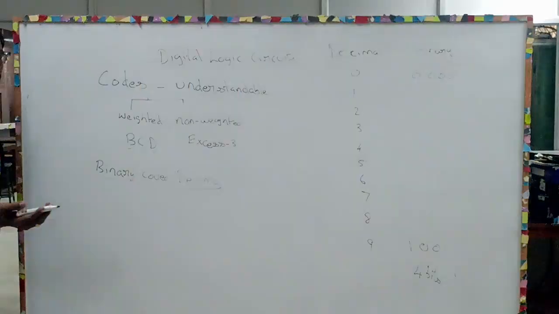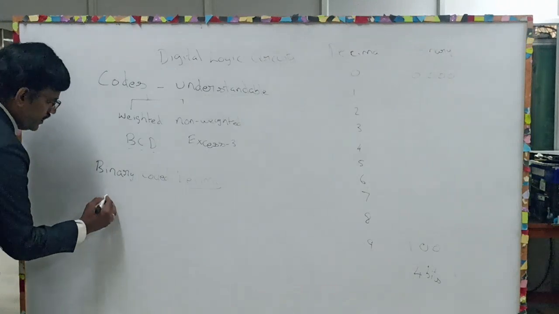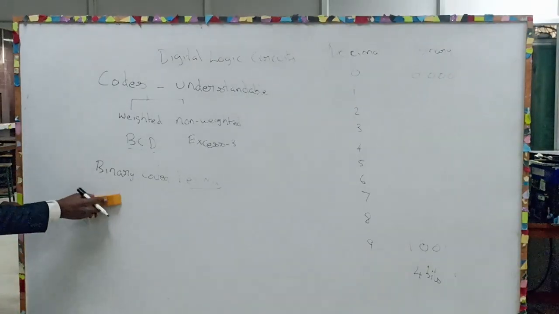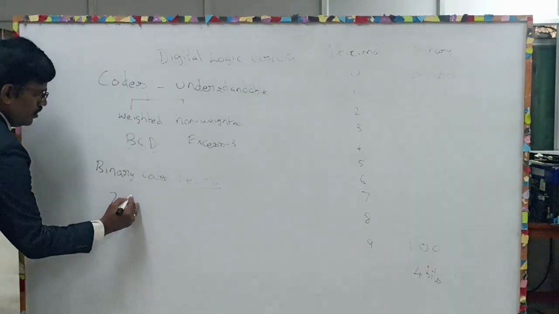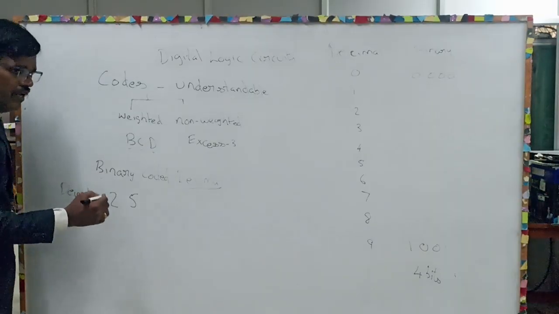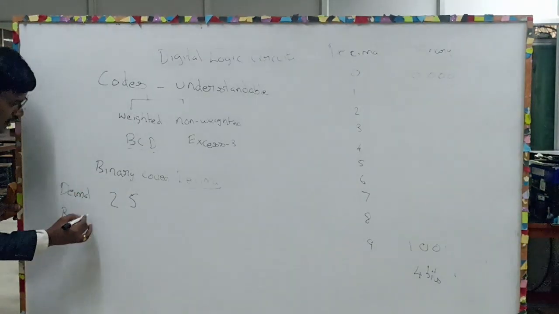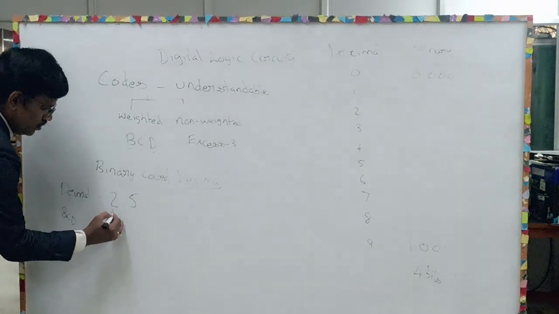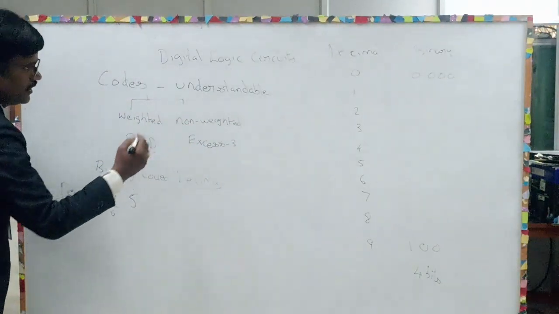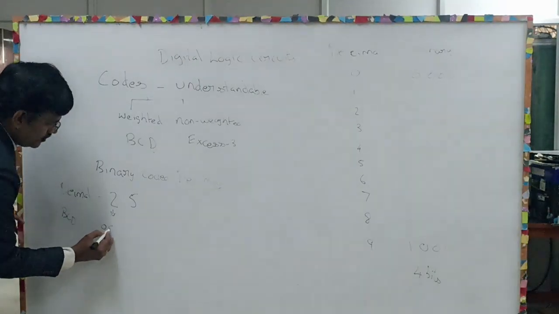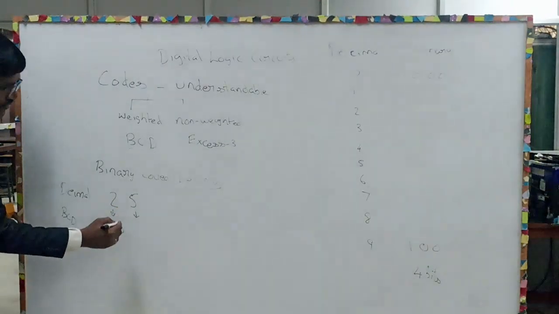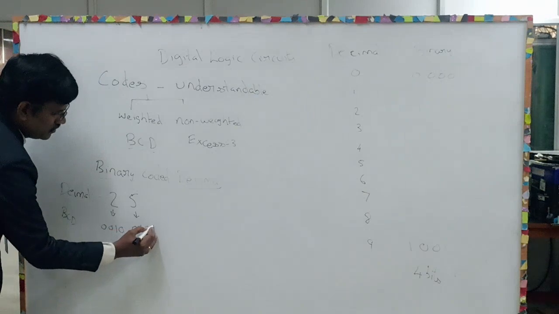If you take any given decimal number, for example 25, and you want to get the BCD, then for this 2 we get the binary value, and that is going to be 0 0 1 0, and for this 5 we get the binary value, and that is going to be 0 1 0 1.